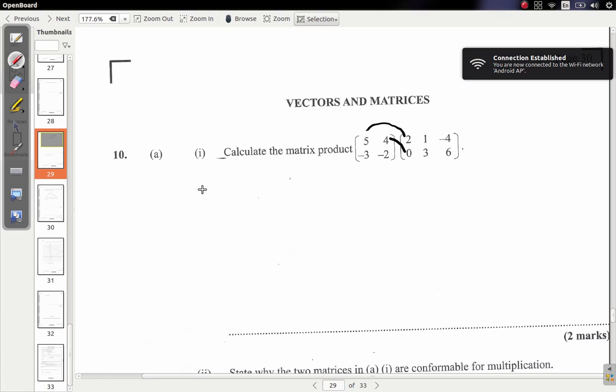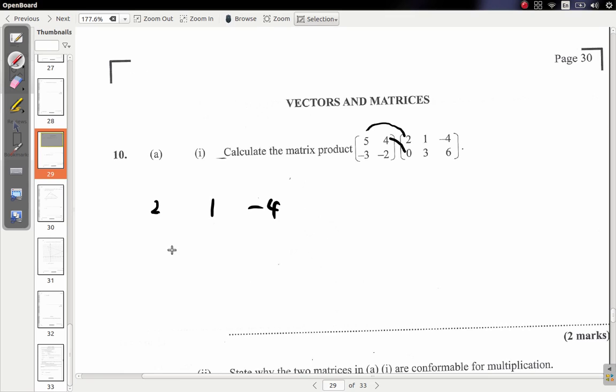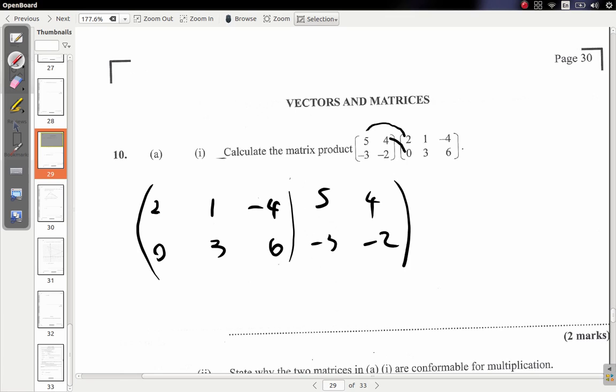If you had this matrix first, 2, 1, negative 4, 0, 3, 6, then 5, 4, negative 3, negative 2. When you're ready to multiply, you would say 2 times 5, first in row 1 times the first in column 1.